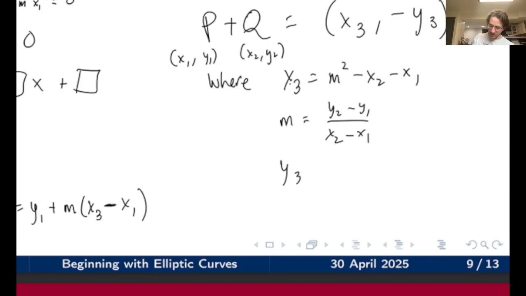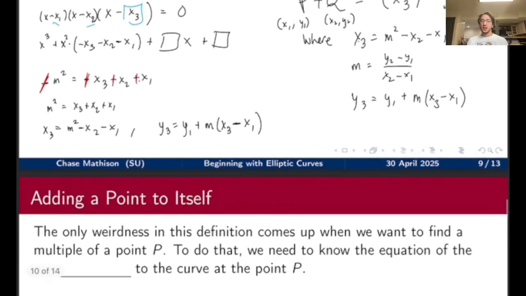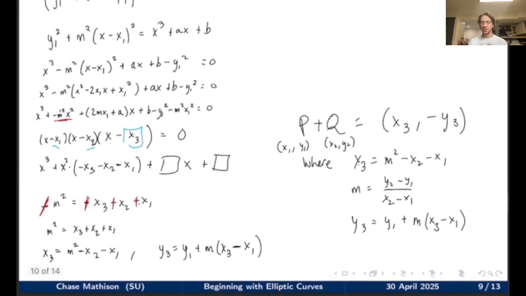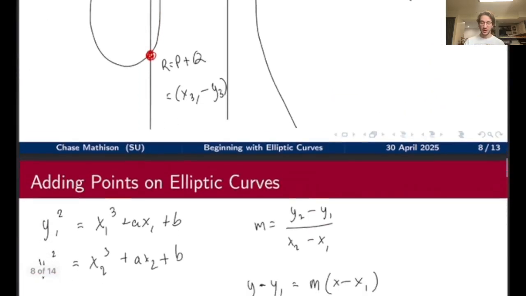And y3 is y1 plus m times x3 minus x1. Gross, but it works. Okay. All right. So that's how you add two different points on an elliptic curve.